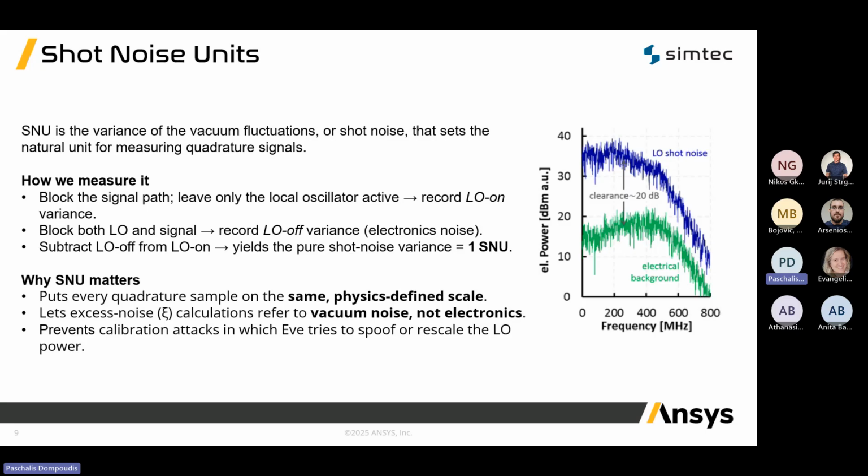Then we unblock only the local oscillator of Bob, and the detector now sees the vacuum fluctuations caused by the local oscillator and the electronics. The final step is to subtract these 2 noises, and the difference is the clearance that we use as one shot noise unit.